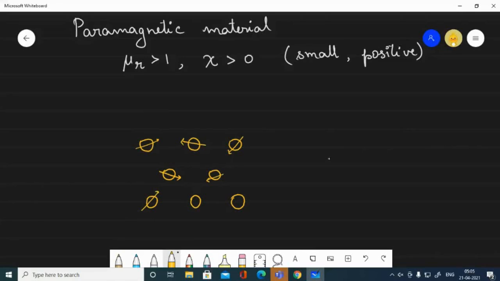So the dipoles are randomly oriented in the absence of the external field, such that net magnetization is zero when the external applied field is zero.